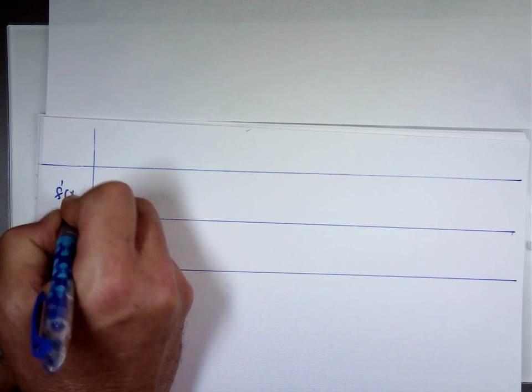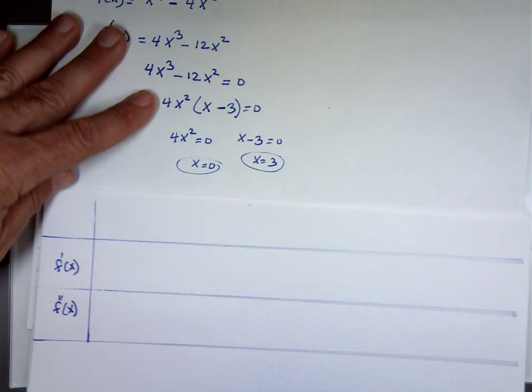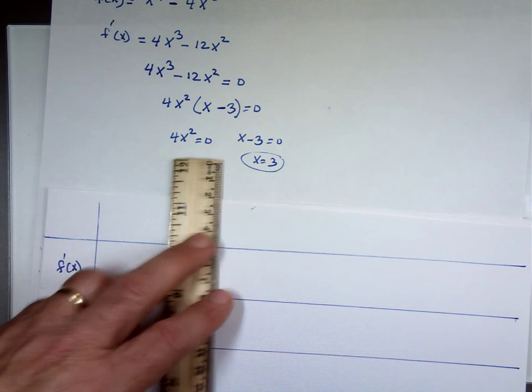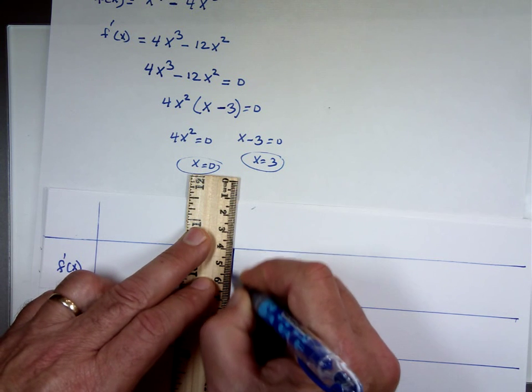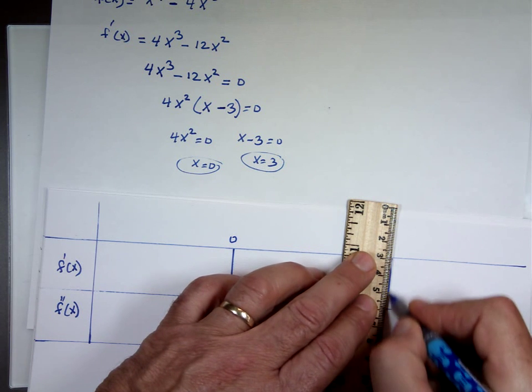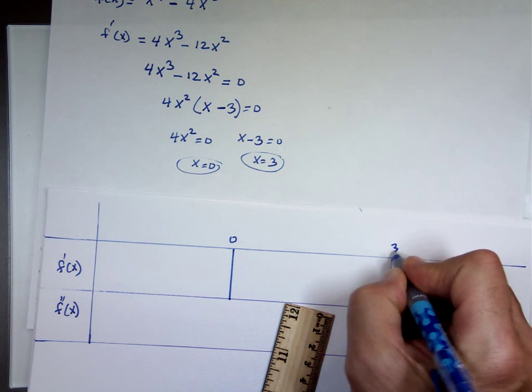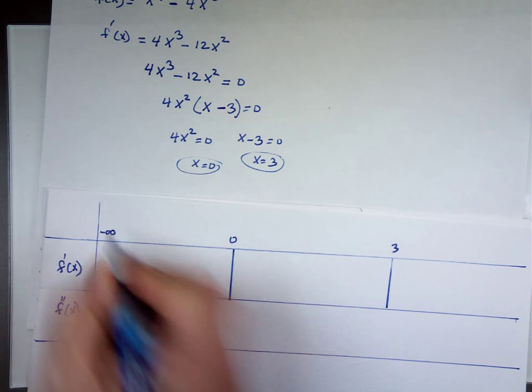This is the second derivative. Let's see what we know. The first derivative, we have to cut it into two cuts. One at 0 and one at 3. Again, this end is negative infinity. That end is plus infinity.